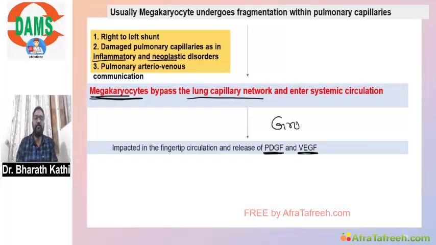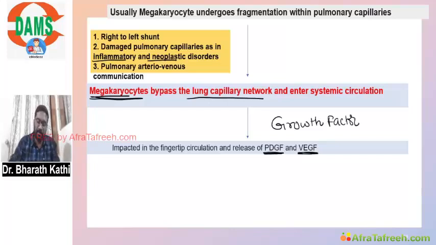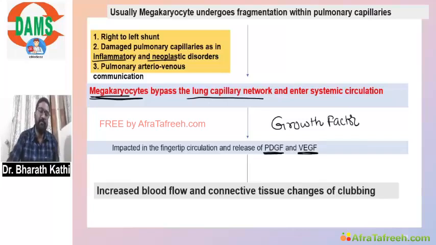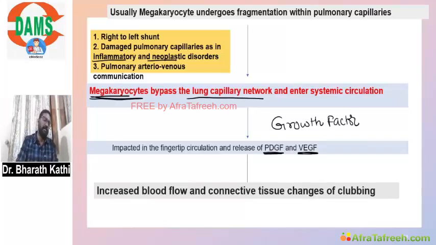So all these are growth factors. Now what will this growth factor do? It will be responsible for proliferation of more soft tissue within the terminal phalanges. Because of this soft tissue proliferation, there will be bulbous enlargement. That will result in increased blood flow and the connective tissue changes of clubbing.